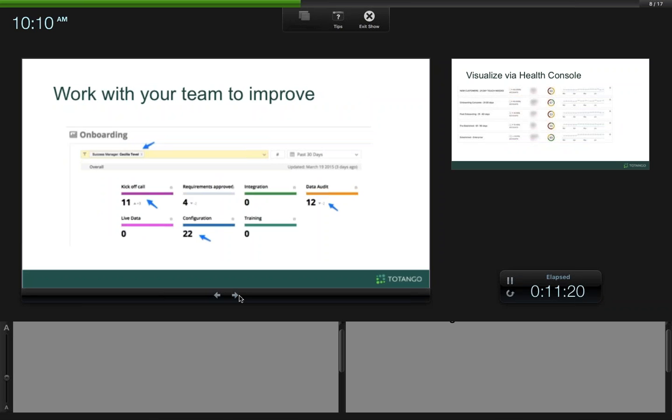The other benefits of tracking information and having these types of reports available is the ability to have a very specific conversation with the team to understand what to do and where to focus and how to improve. So you can have a very catered conversation with each one of the team members, looking specifically at their portfolio of onboarding customers to understand where they have gaps and delays, and where they have most of the bottlenecks, so that you can discuss how to alleviate.